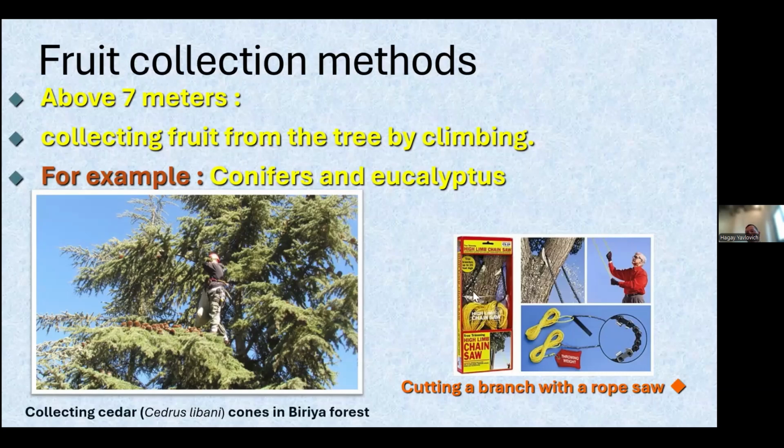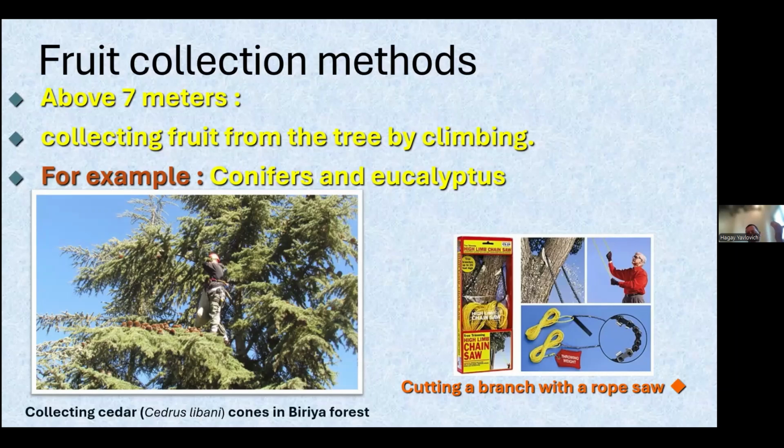There is also an option of cutting a branch with the rope. If you have all the fruit on the same branch and you want to take all the fruit at one time, you can throw the rope and cut the branch. It's another option. We use it from time to time, but most of the time we climb the tree.